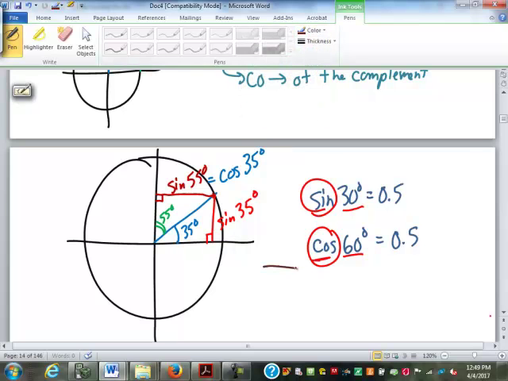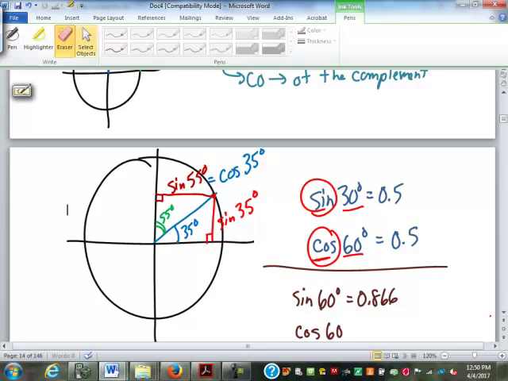If I tell you that the sine of 60 degrees is 0.866, the cosine of 60 degrees, or it's not 60, the cosine of 30 degrees has to be 0.866.